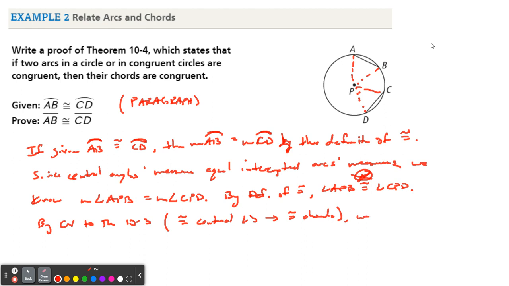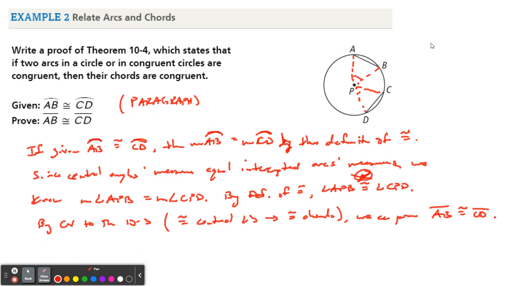We know, or we can prove, chord AB or segment AB is congruent to chord CD. So again, I drew the radii in to create the central angles.